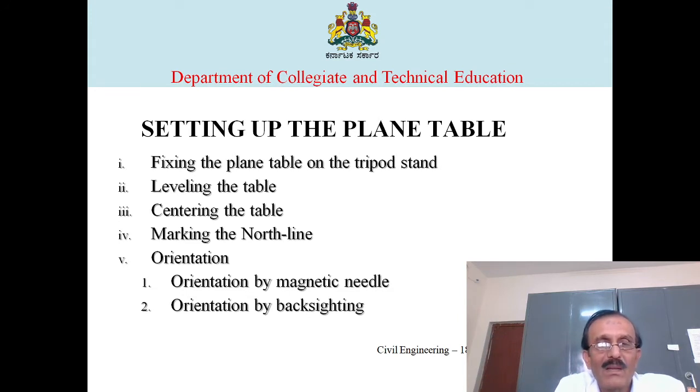Then centering of the plane table, marking the north line with the help of the rough compass, and the orientation. Orientation can be done by the magnetic needle, or by taking backsight.